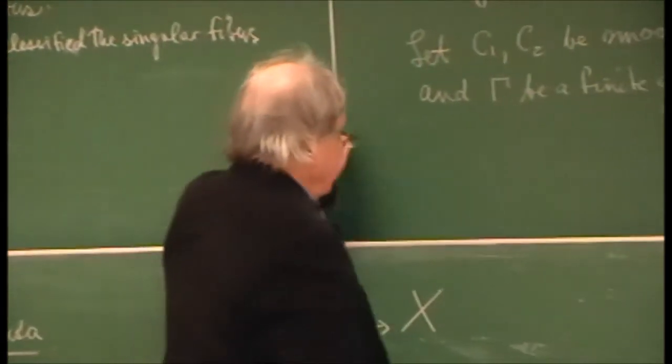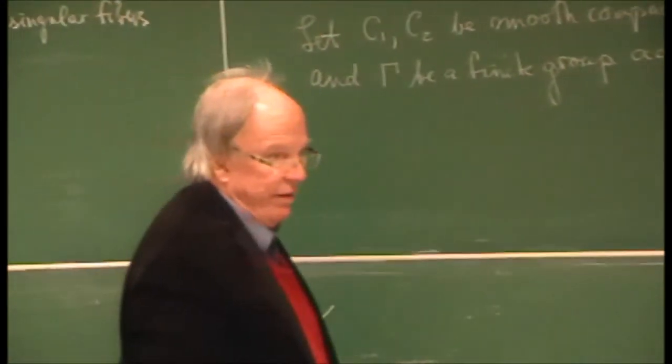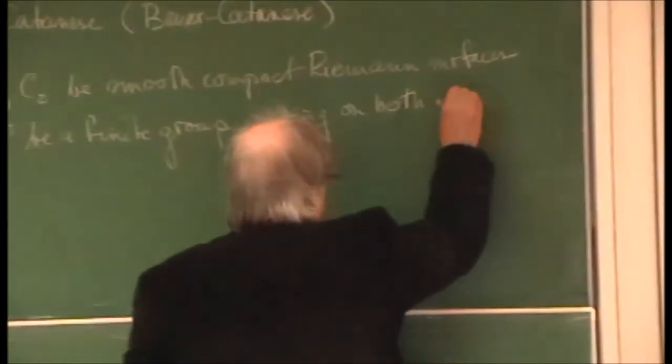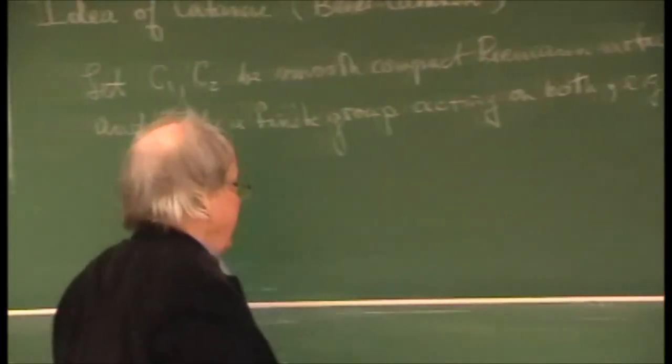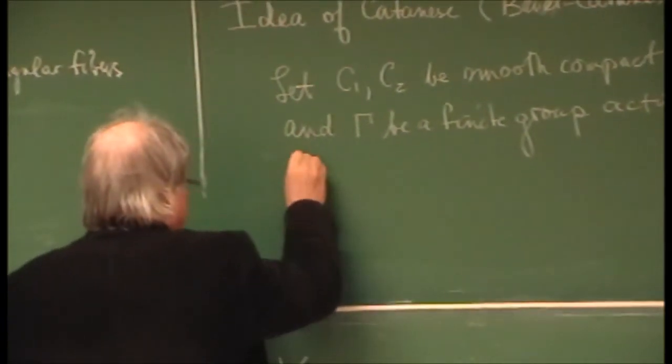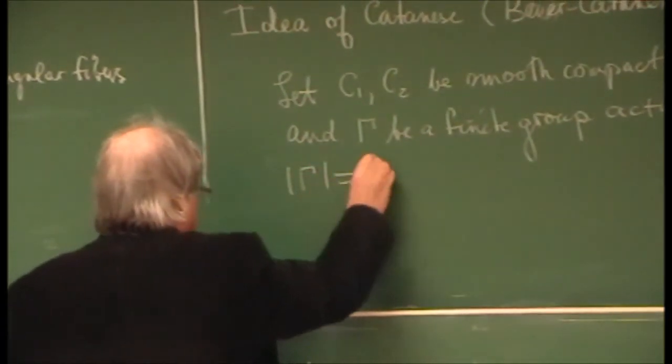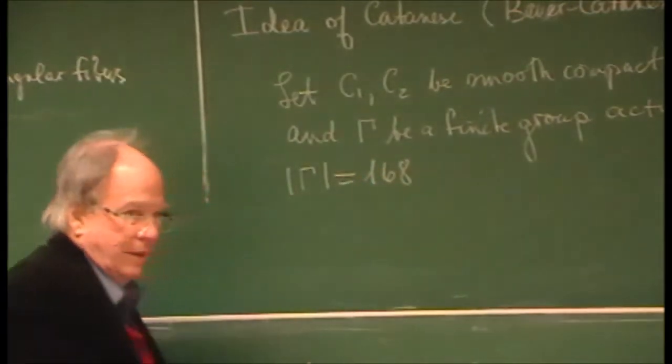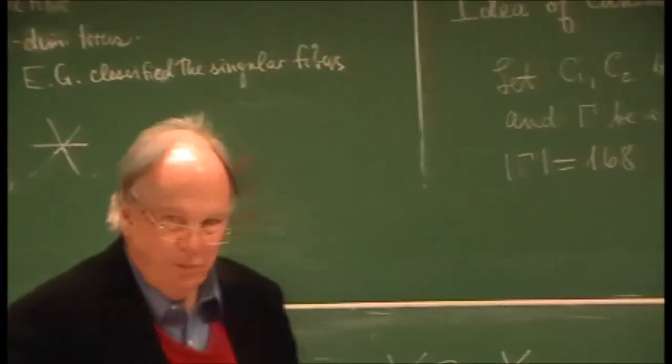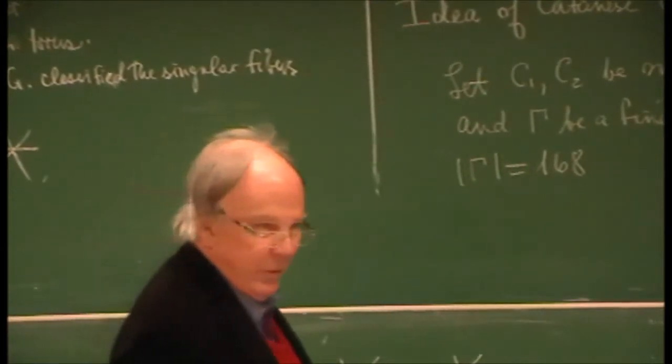Okay? Let me just tell you, Felix Klein loved the following group. The group gamma, the simple group of order 168. This is a beautiful group, by the way you know it.